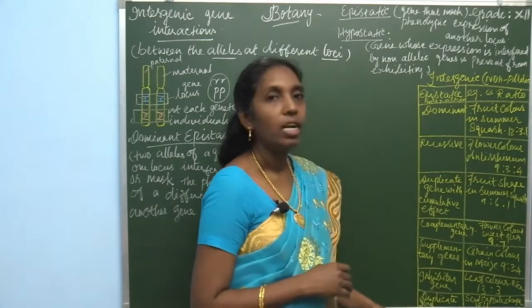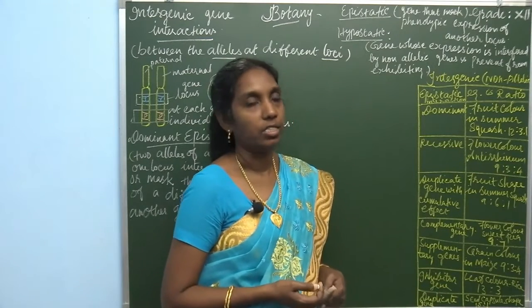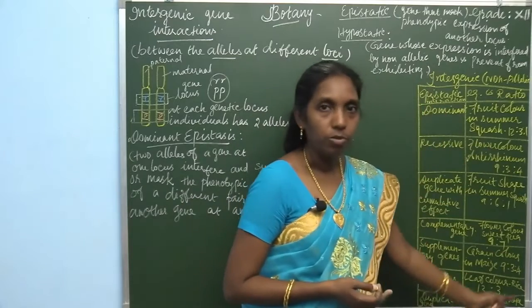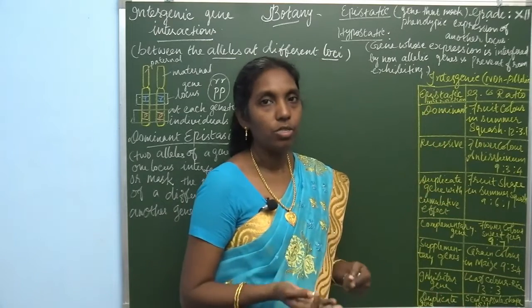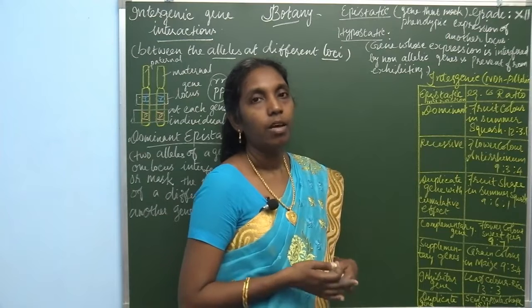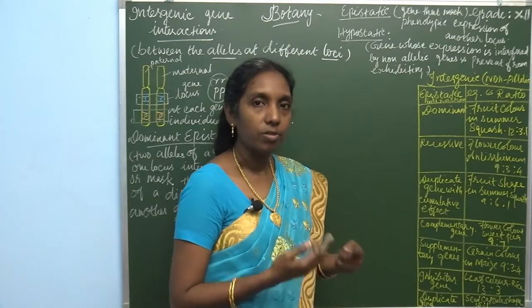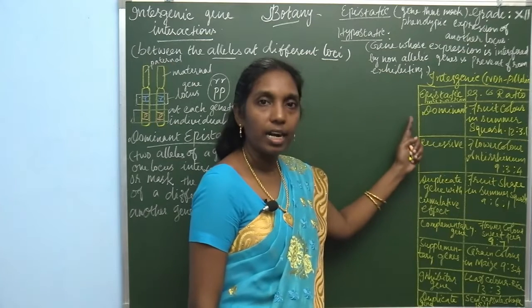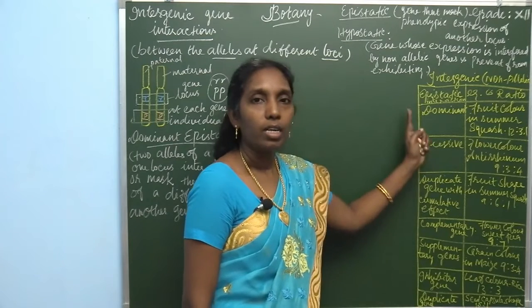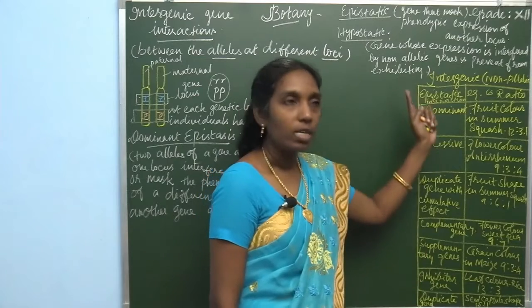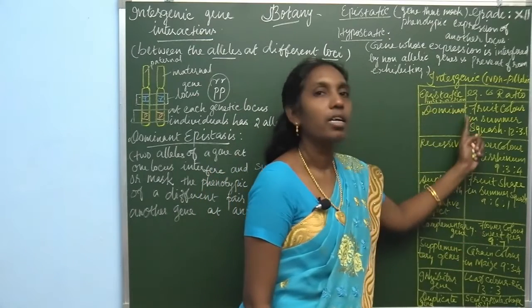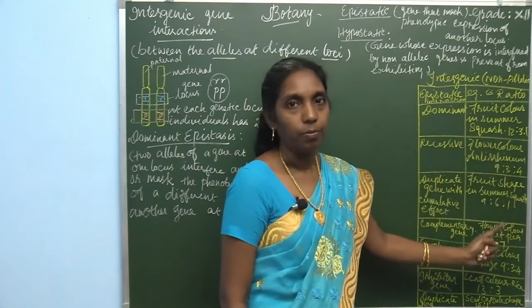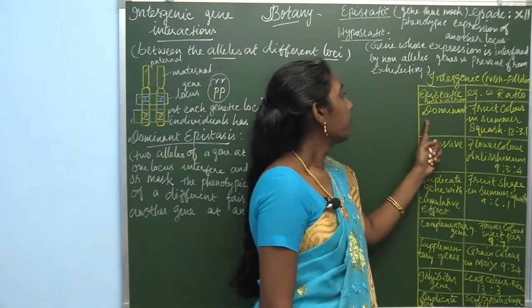Inhibitor gene interaction and duplicate gene interaction. These all give different ratios with different examples. For 1 word questions, 2 mark questions as well as 3 mark questions, these types of epistatic interactions are important. What are the types of interaction? What's the example of this and what is the ratio? Let's see one by one.